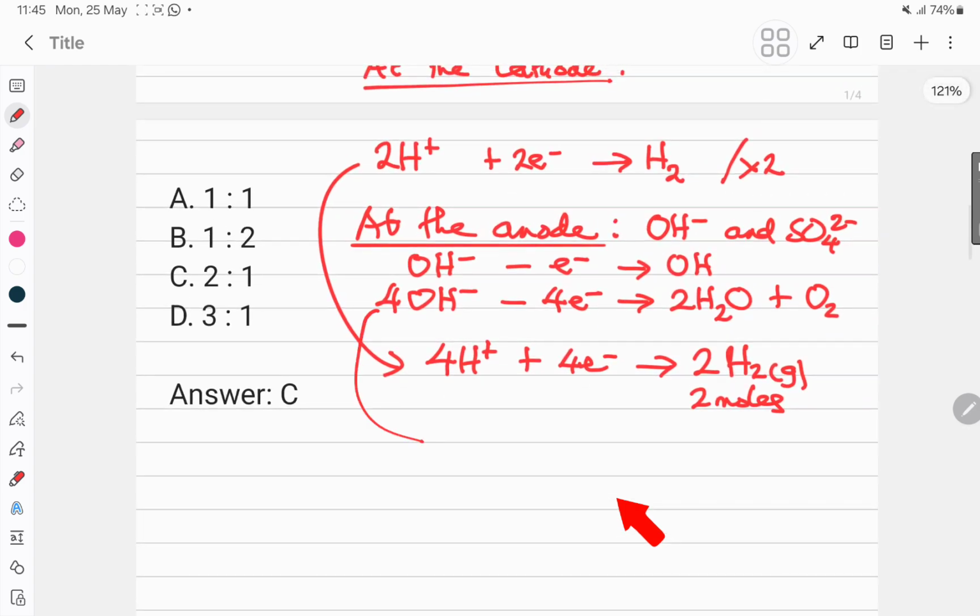Then bring this also down. We have 4 moles of hydroxide ion losing 4 moles of electrons to form 2 molecules of water and 1 mole of oxygen gas.